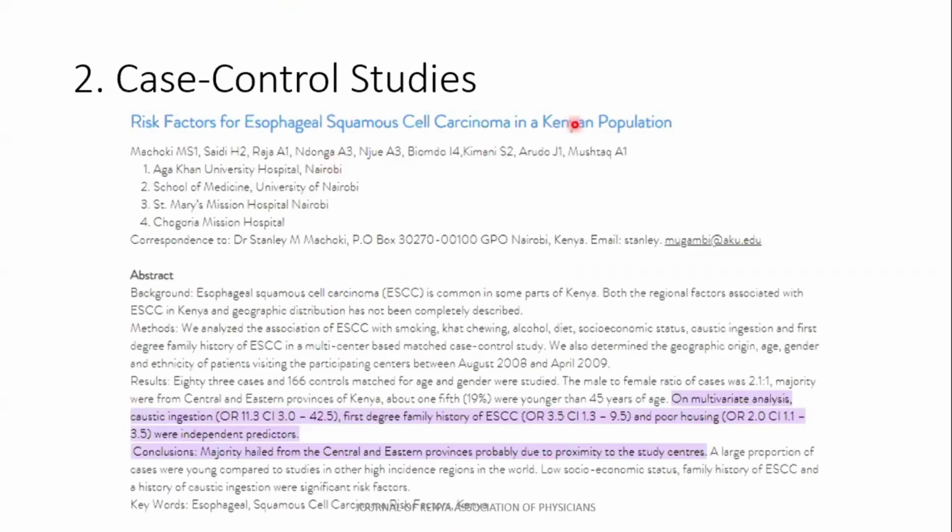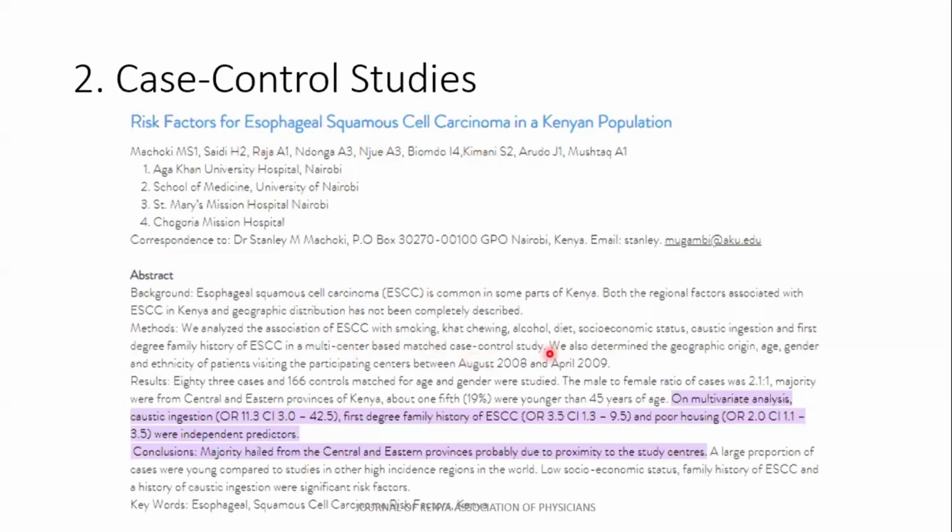In this case, the outcome of interest was presence of esophageal squamous cell carcinoma. And so they were analyzing the association of esophageal squamous cell carcinoma with smoking, khat chewing, alcohol, diet, socioeconomic status, and all those other variables in a matched case control study.